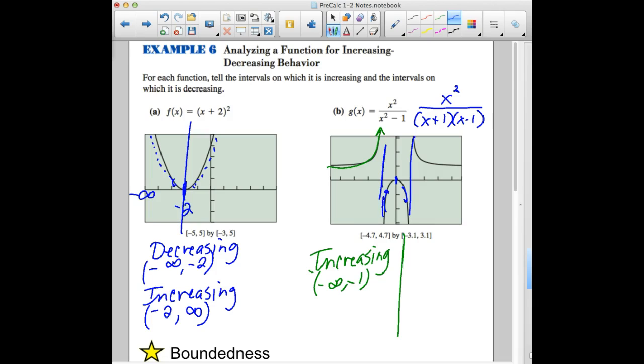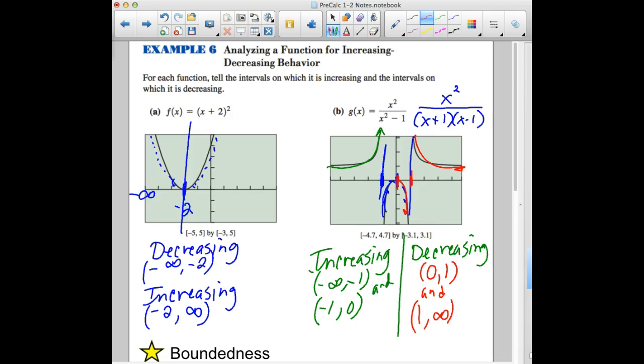This part here is increasing between -1 and 0. And where am I decreasing? Here, from 0 to 1, and here, from 1 to infinity. Okay?